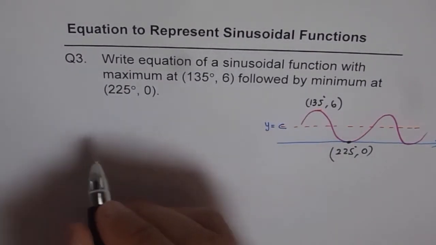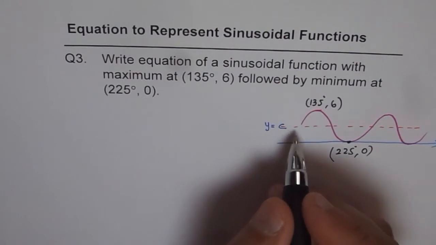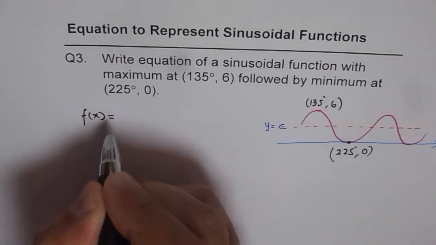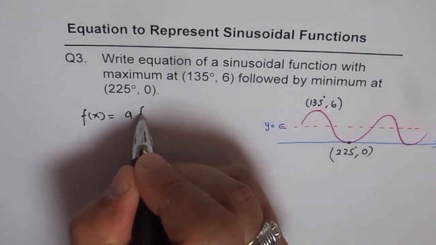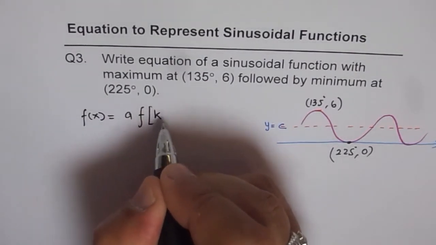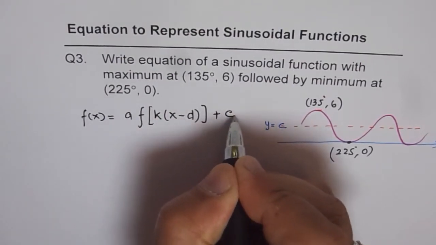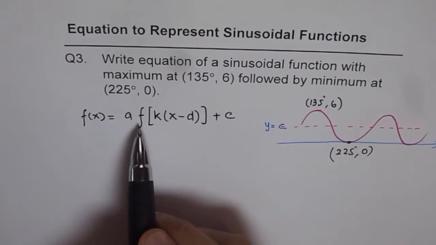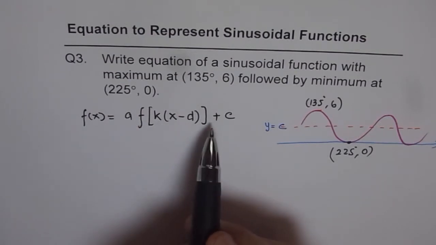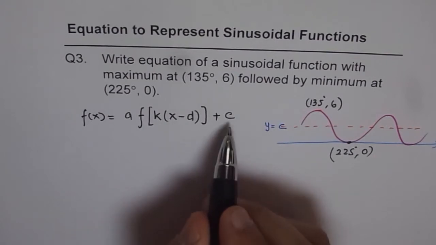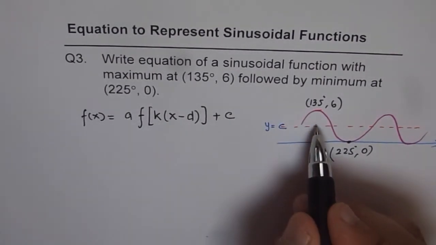When I say c, I mean we could write our function as f(x) = a f(k(x - d)) + c. I'm not specifying whether I'm going to write sine or cosine. We'll see later what to start with, but it could be sine or cosine. Now c is the equation of the axis.